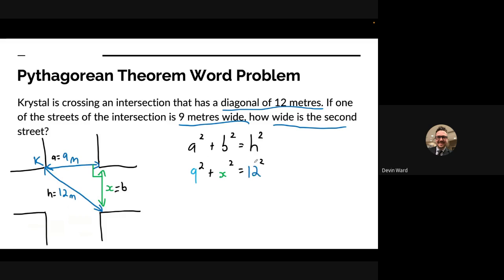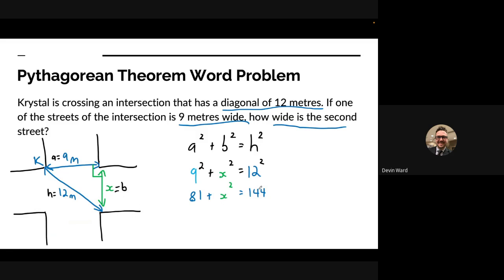Now I'm going to simplify these to get rid of the squares. So 9 squared is 81, plus x squared, and that's going to be equal to 144.